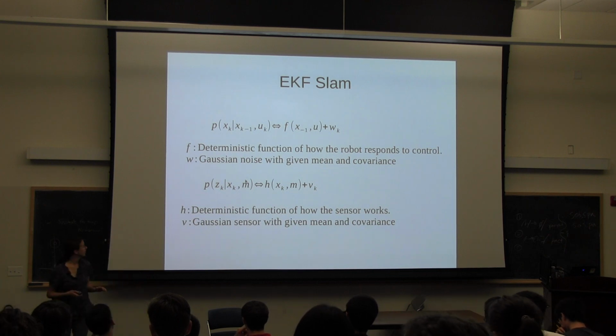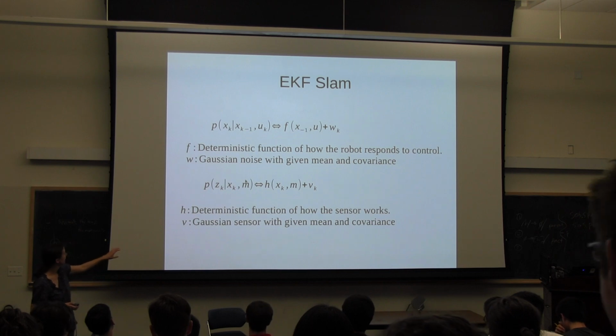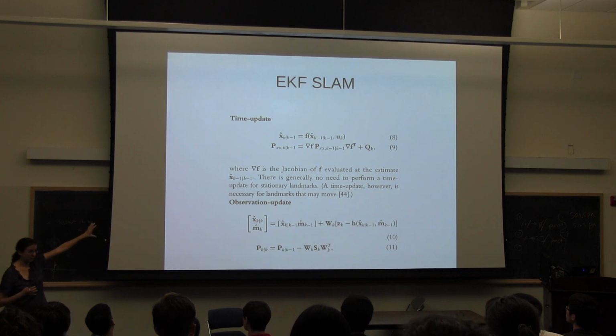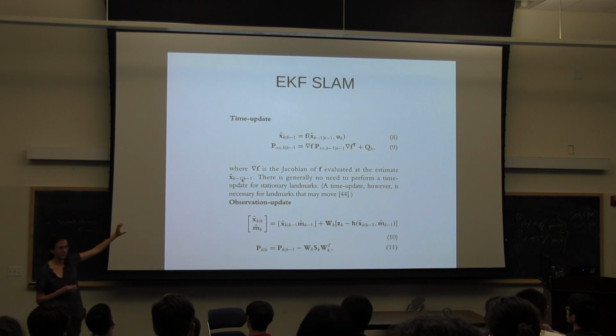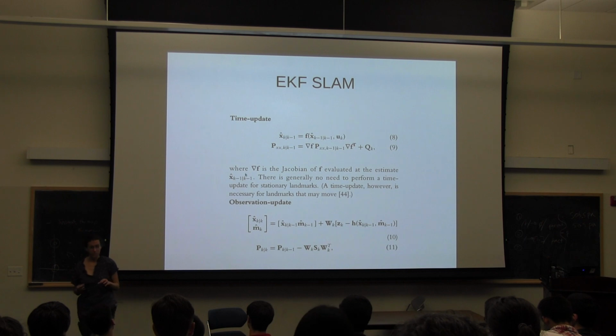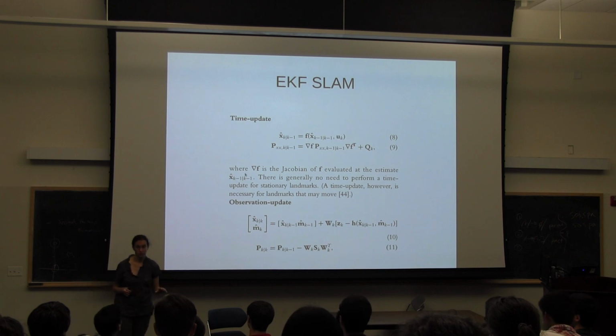Okay? So now we make these assumptions. I'm not going to go through the math of it, but what happens is you get a bunch of matrix multiplications of Jacobians.